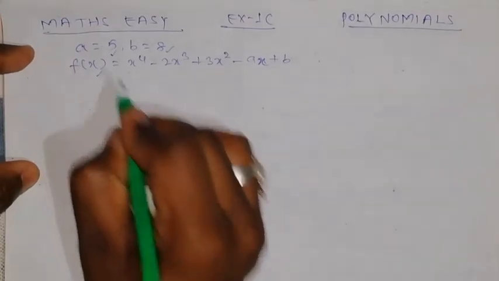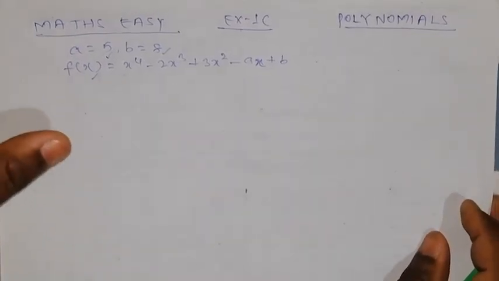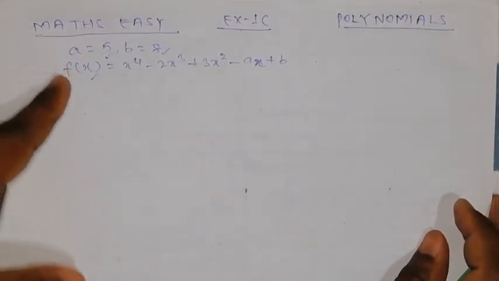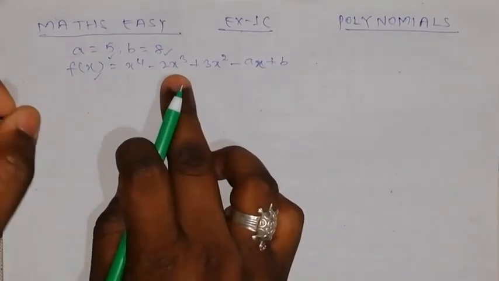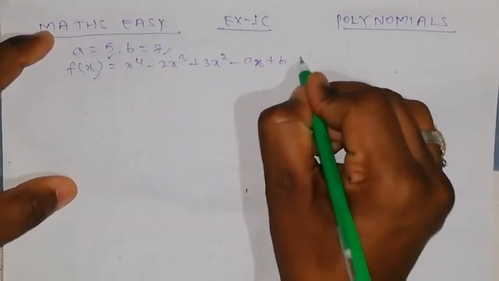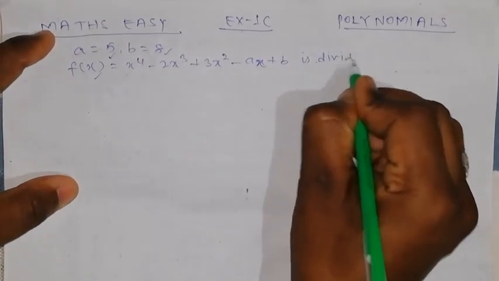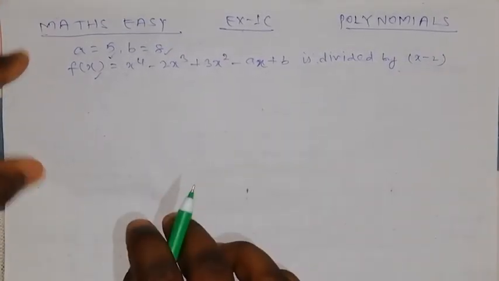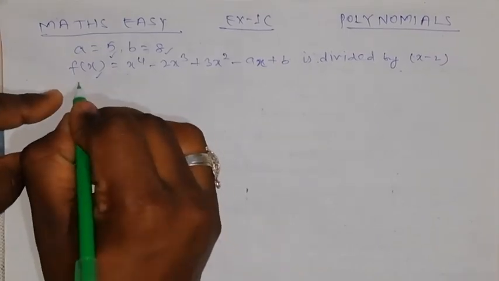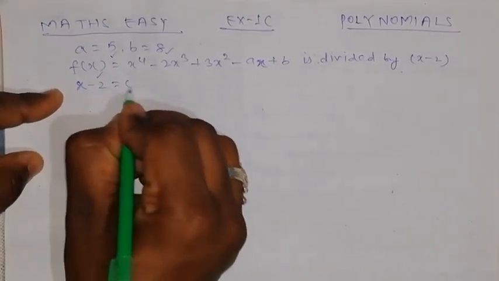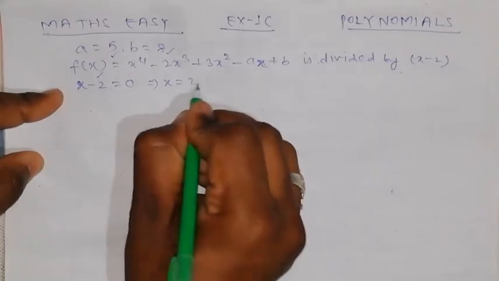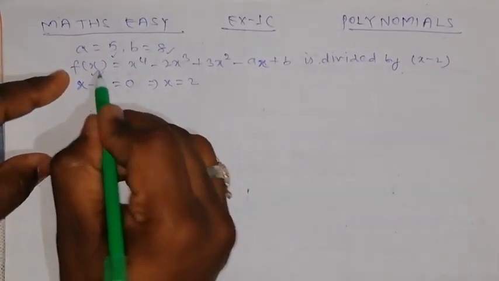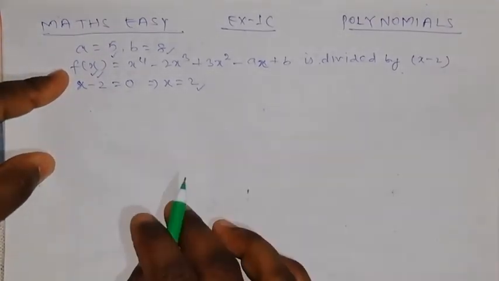Now find the remainder when this f(x) is divided by x - 2. Okay friends, therefore x - 2 = 0, that is x = 2, and in the place of x we have to put the value 2.